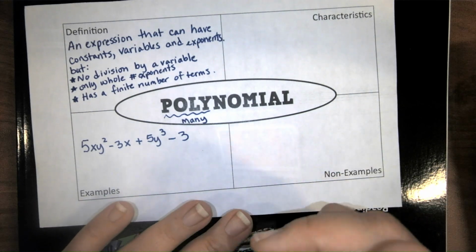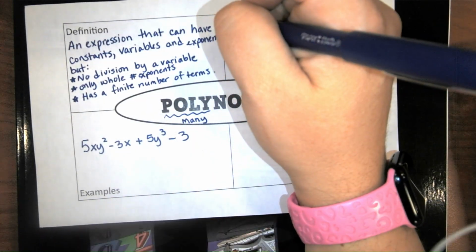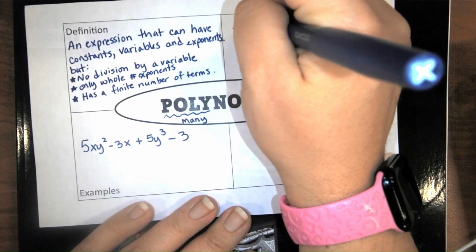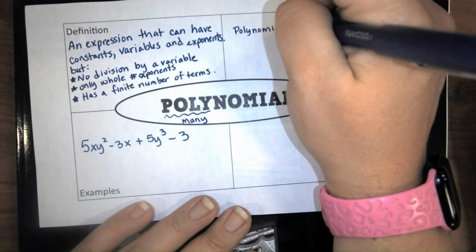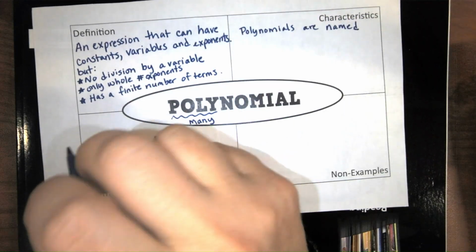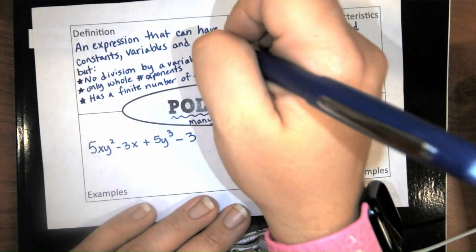Under the characteristics, we're going to write polynomials are named by their degree and number of terms.